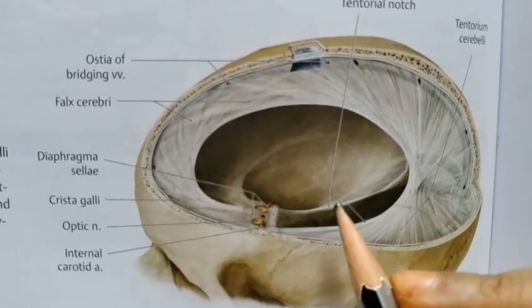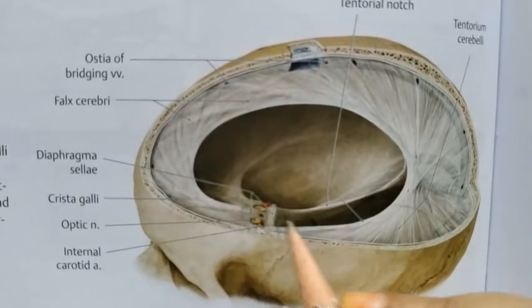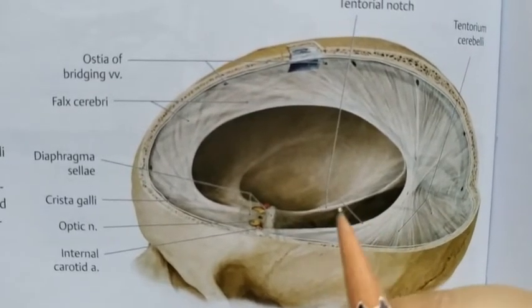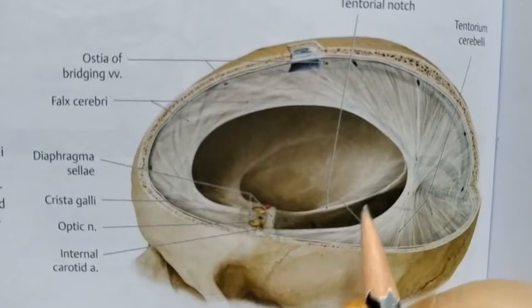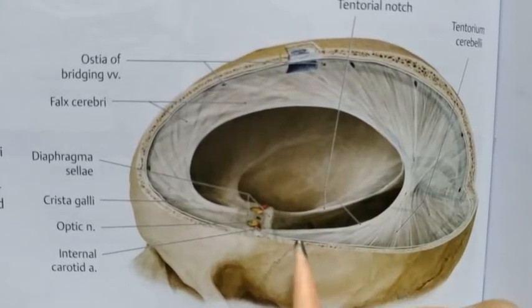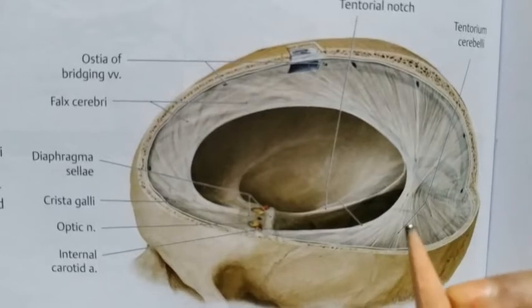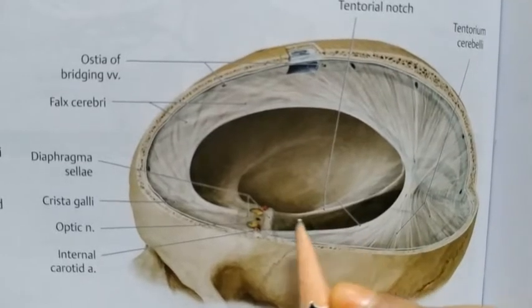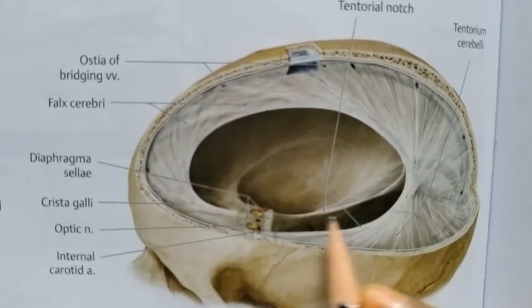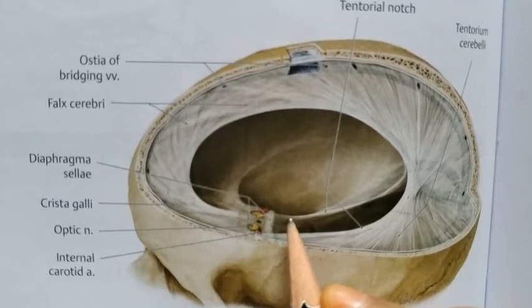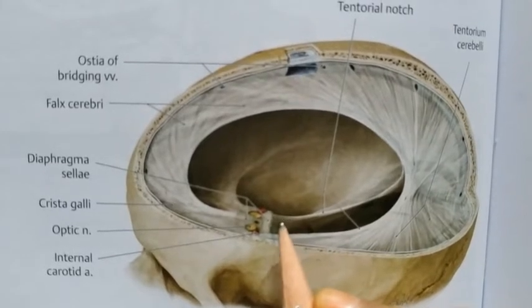Then laterally, the tentorium cerebelli is attached to the petrous part of the temporal bone, and this part also contains the superior petrosal sinuses. Then the anterior part of the attached margin is attached to the posterior clinoid process.